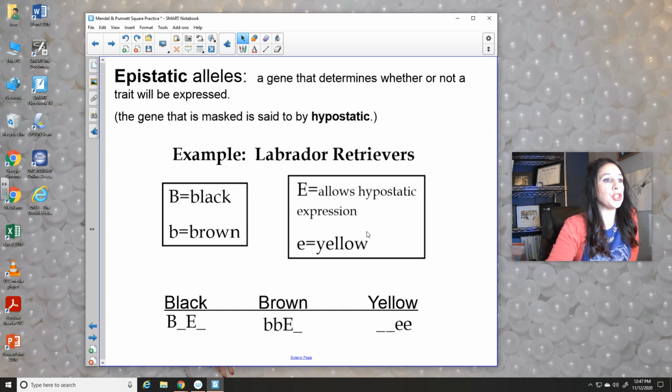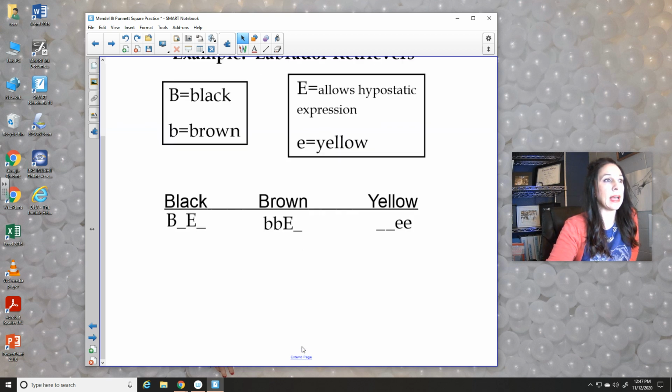So the different genotypes for a lab could be big B, and it doesn't matter what the second allele is, as long as we have a capital E. Again, those blanks just indicate it does not matter what the next allele is, whether that's a big B or a little b, or a big E or a little e.